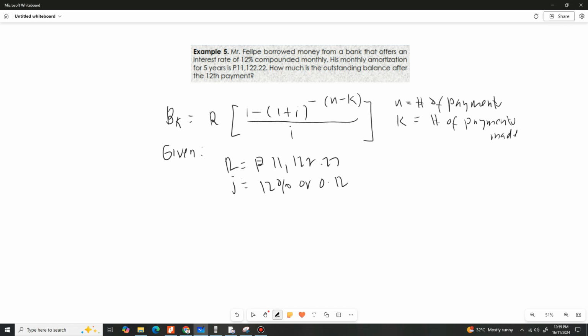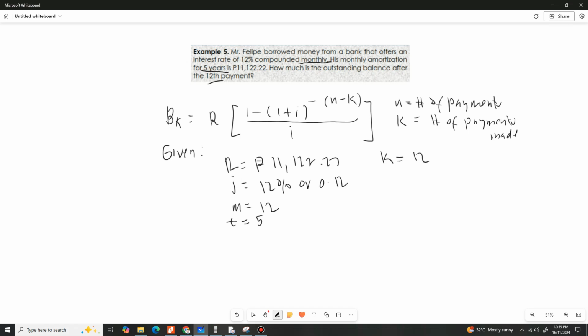And our M, conversion period, here is monthly, so M is equal to 12. Then our time or term is 5 years, so we have T equals 5. Then our K, number of payments made, is 12.